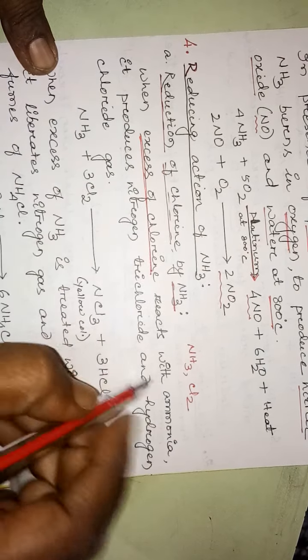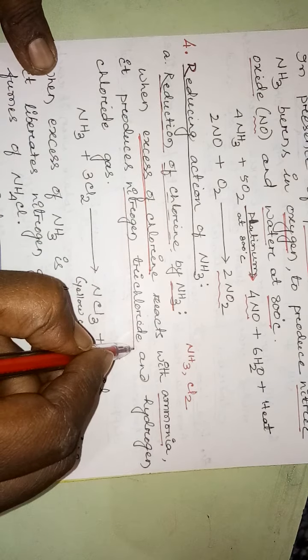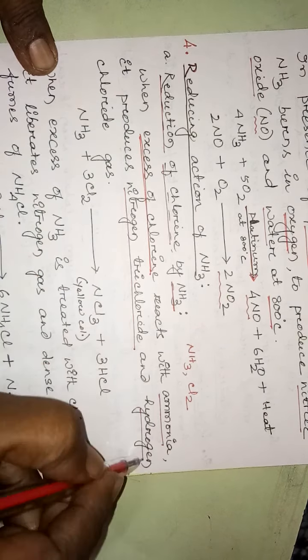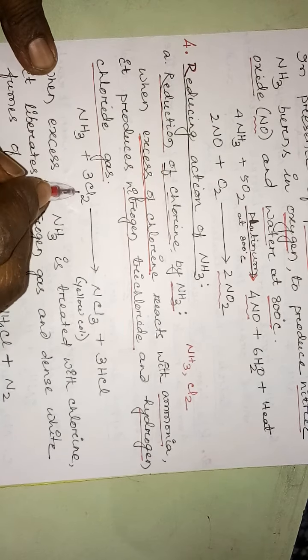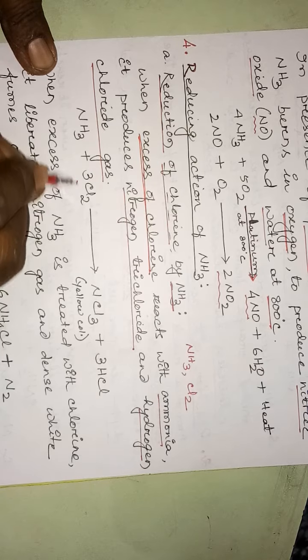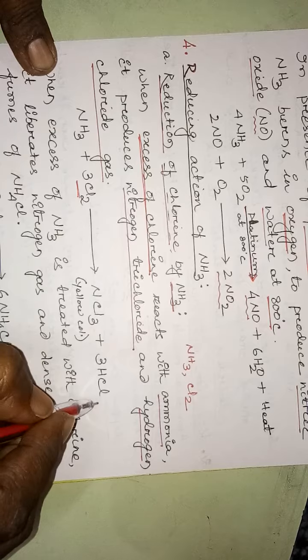When it reacts with ammonia, it produces nitrogen trichloride, a yellow liquid, and hydrogen chloride gas. The equation is ammonia with excess chlorine, 3Cl2, produces NCl3 plus 3HCl.